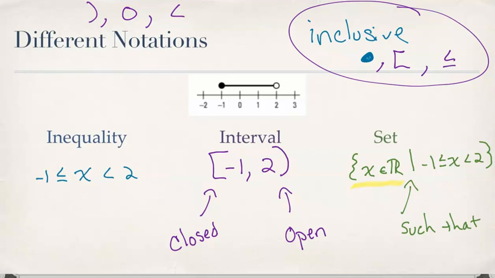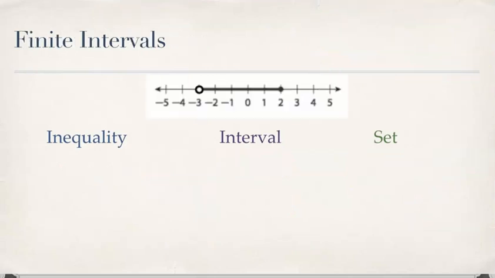Let's look at another one. If I were looking at this one for the inequality notation, I would say x is greater than -3 and less than or equal to 2. For the interval notation, I would say I'm going from -3 to 2. -3 is not included, and 2 is included.